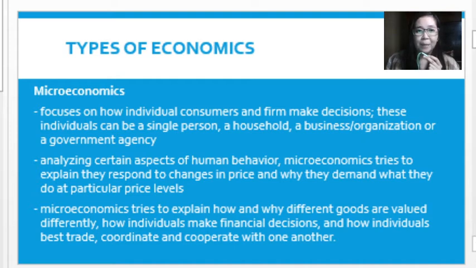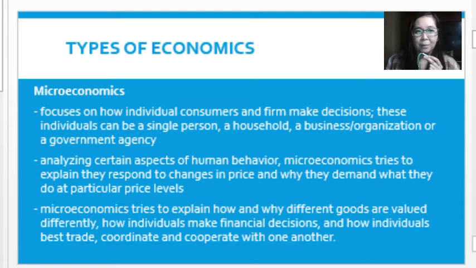Here, the analysis is for a certain aspect of human behavior, may it be their demand or how their behavior is being influenced by the prices, supply, demand, and others.